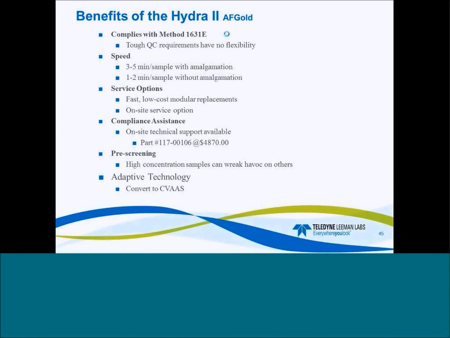Finally, because we do offer the system as a modular system, you do have the ability to add an AA module to an AF system and be able to do both drinking waters and wastewaters.